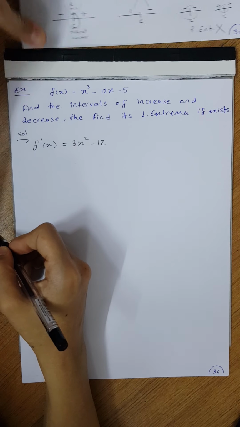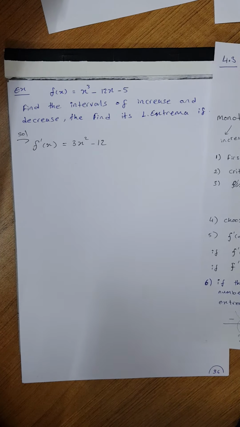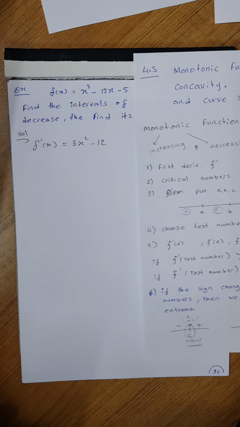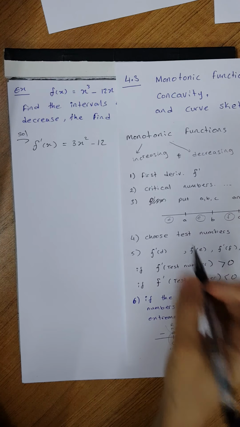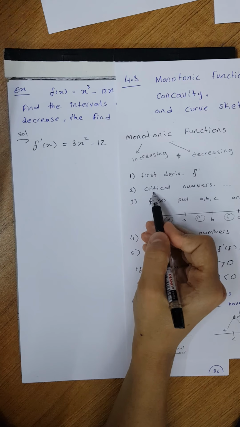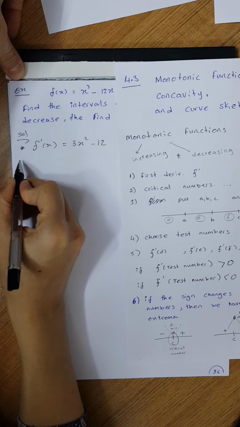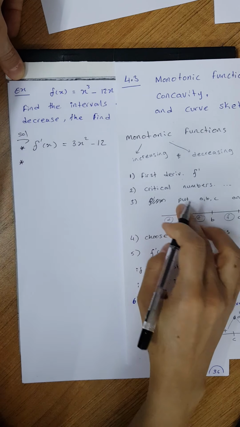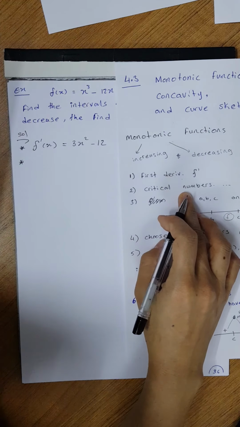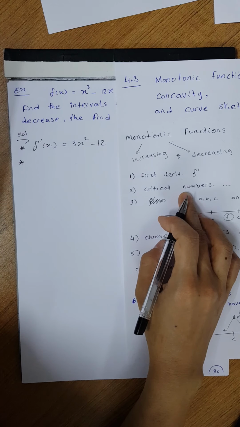Okay, now what is the second step that we have to do? First, the first derivative of the function. Then the second step, we have to find the critical numbers of that function. What are critical numbers? Critical numbers are those numbers that make the first derivative of the function equal to 0 or undefined.